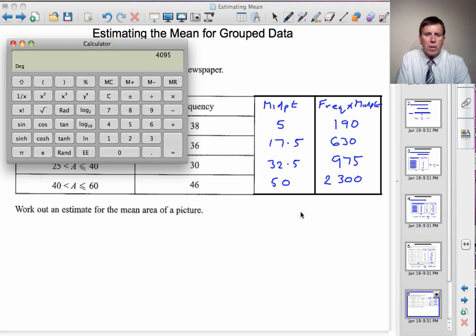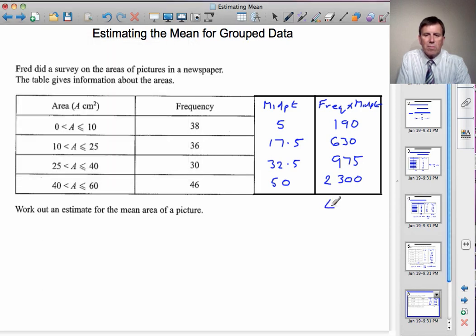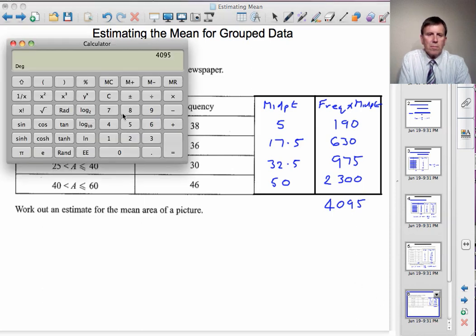And that comes to 4,095. And now I want to know the sum of the frequencies. So we've got 38 plus 36 plus 30 plus 46, which is 150.